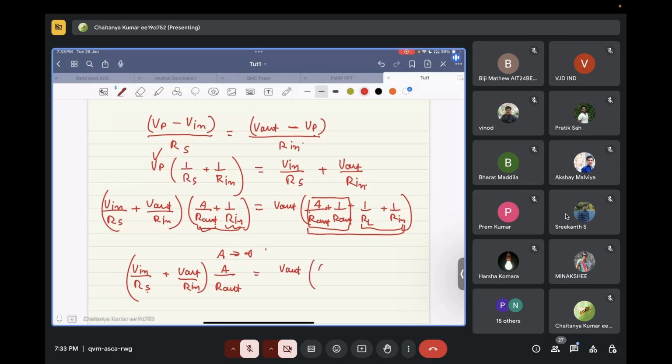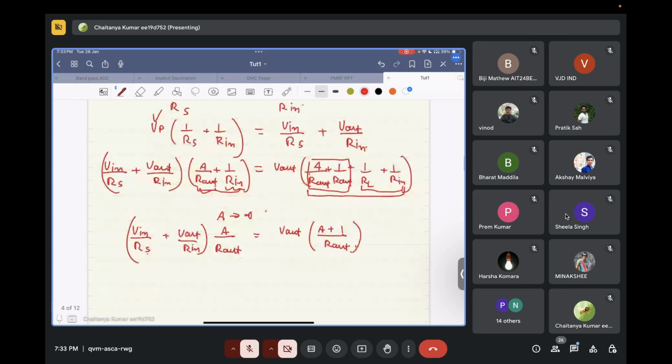So we will have A plus 1 by R out. Is this clear?